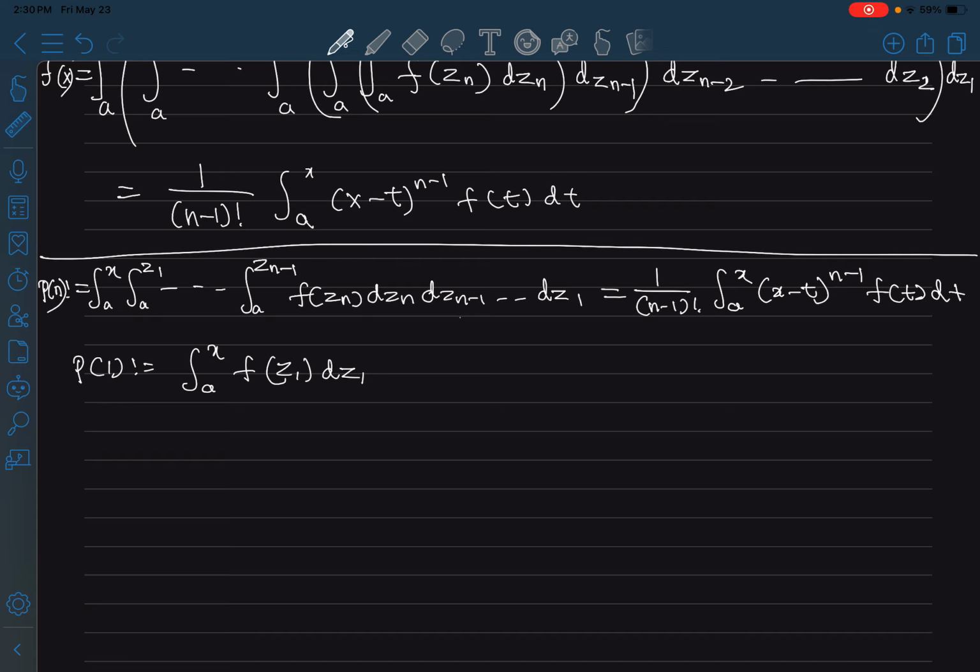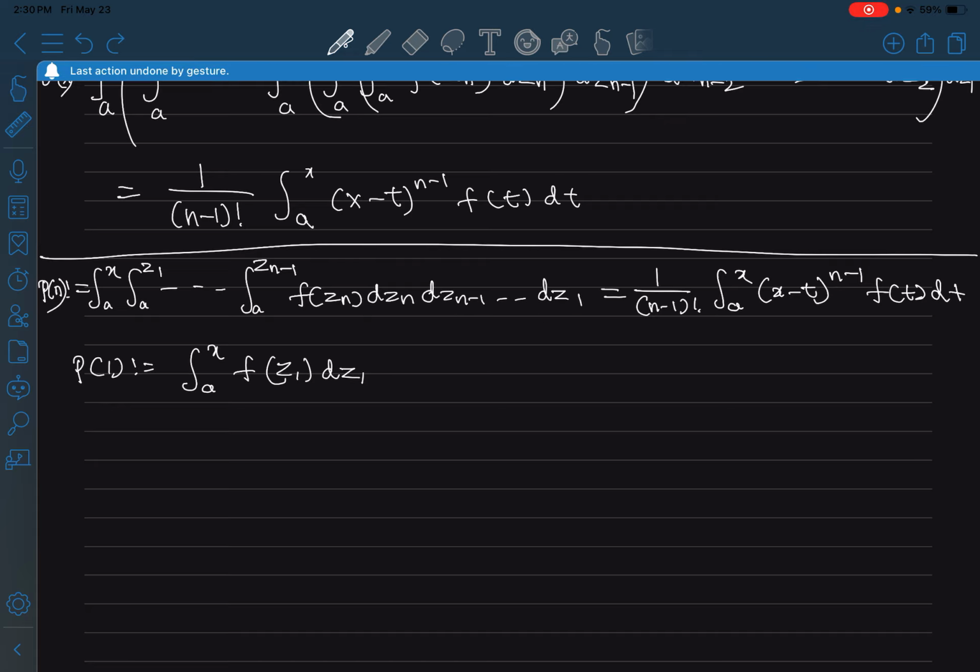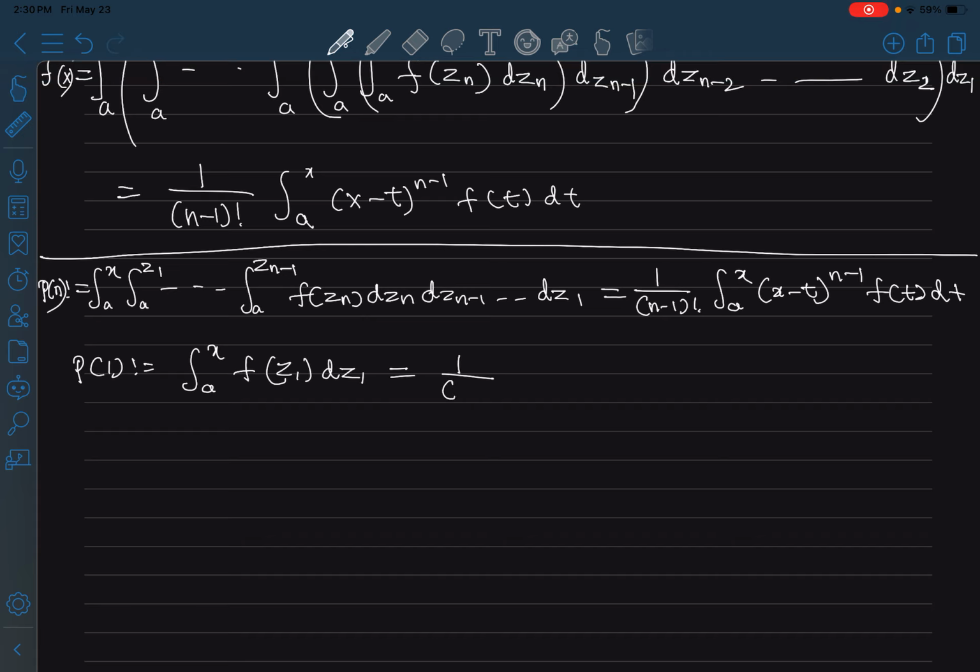Because it's up to dz1, the last variable. So this should be equal to 1 by 1 minus 1 factorial, which is 0 factorial, and the integral from a to x, x minus t to the power 1 minus 1, which is 0, f of t dt.